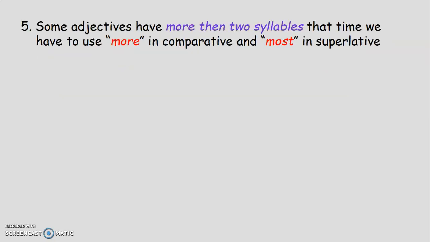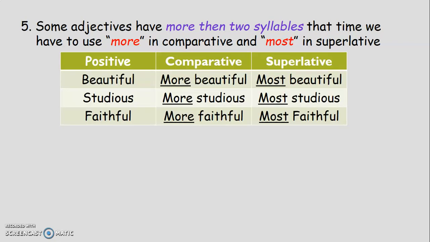Next, some adjectives have more than two syllables. That time we have to use more in comparative and most in superlative. Let's see what it means with the help of an example. Now see beautiful. The word beautiful is divided into three syllables. So it is not one syllable or two, but more than two syllables.